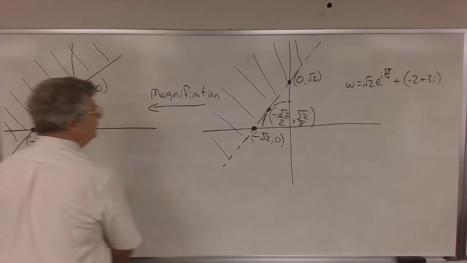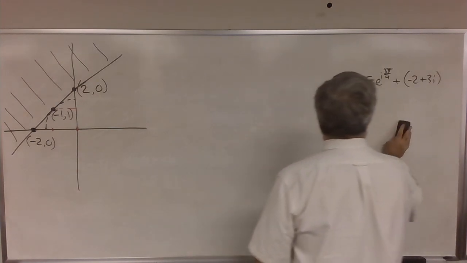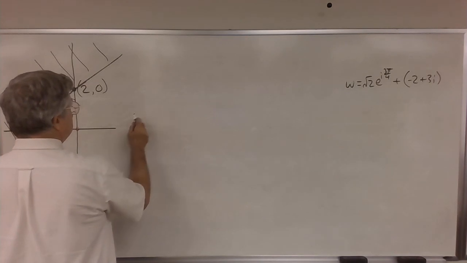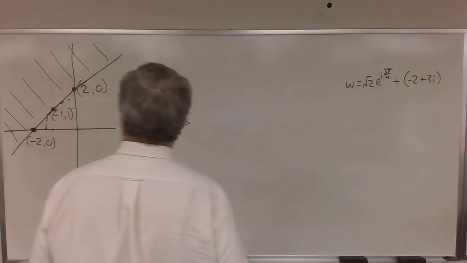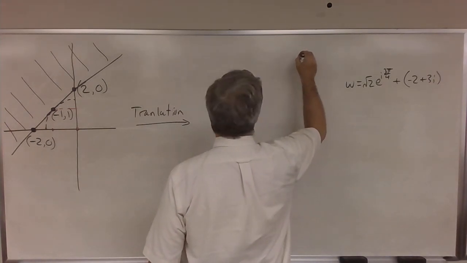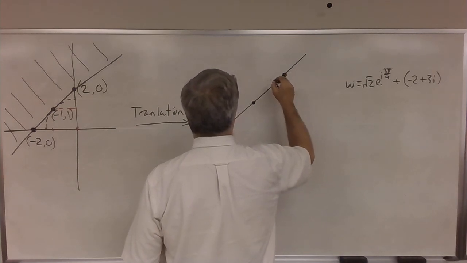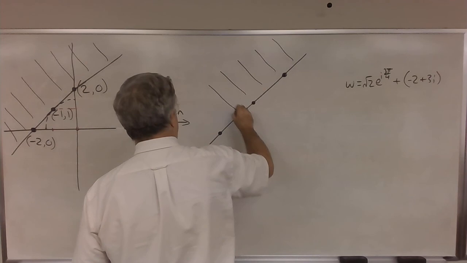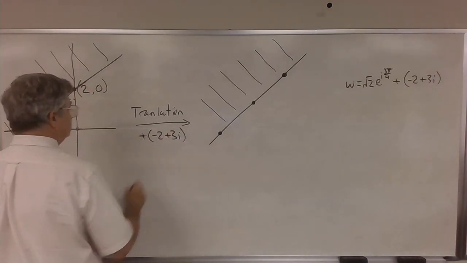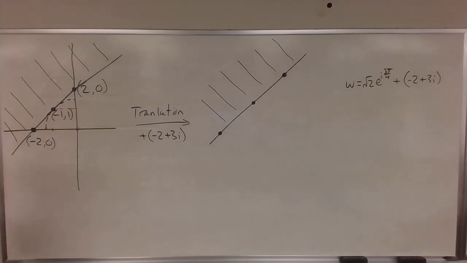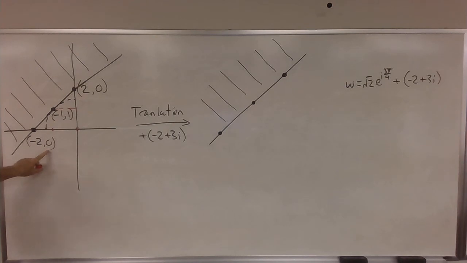Now we have to do a translation. So we take every point and subtract 2 from the x-coordinate, add 3 to the y-coordinate. So this will become negative 4, 3.